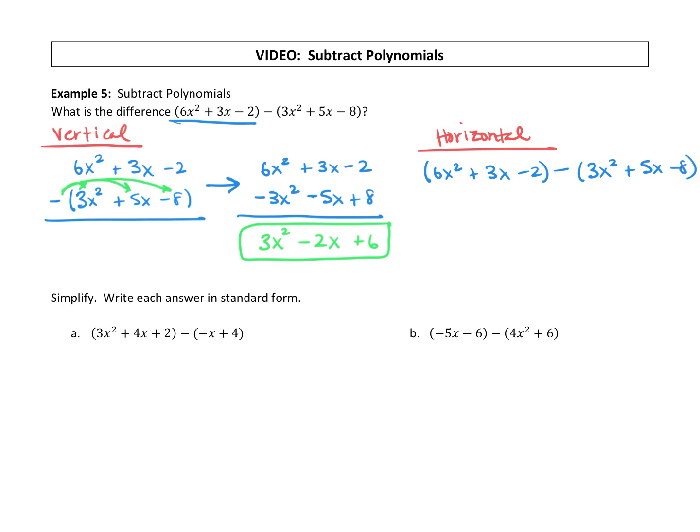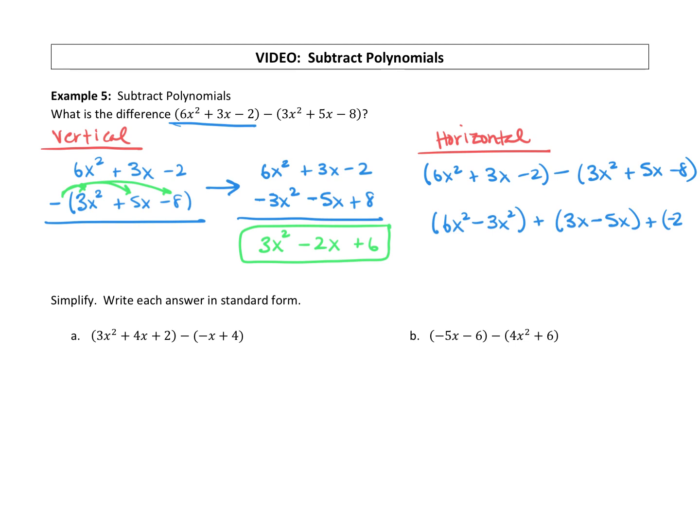All right, what we're going to do is subtract our like terms. So we have 6x squared minus 3x squared plus, now our x's, we have 3x minus 5x plus a negative 2.